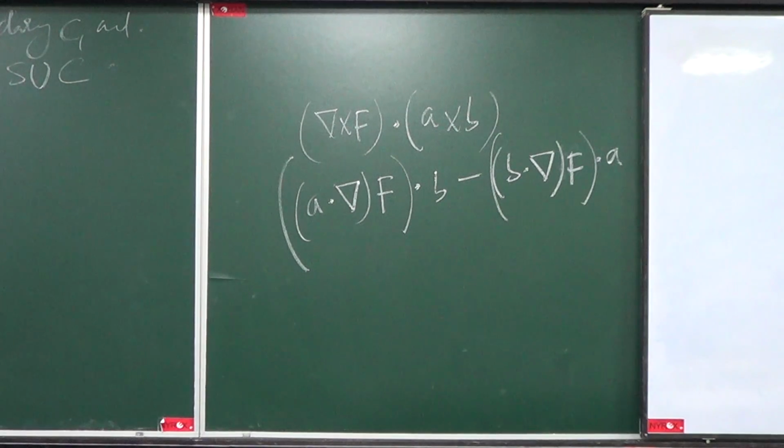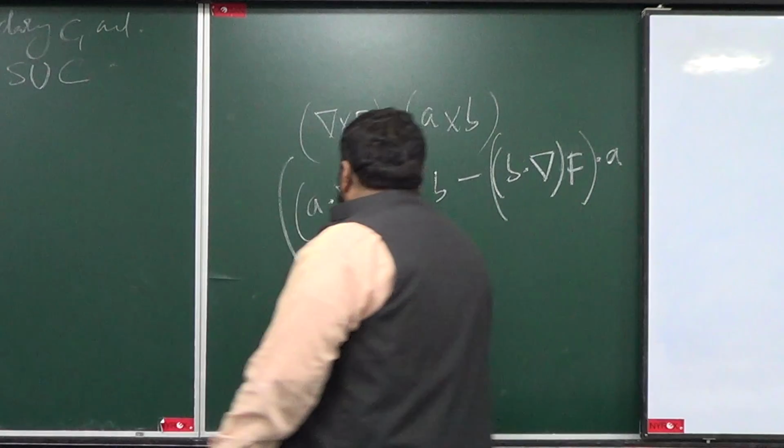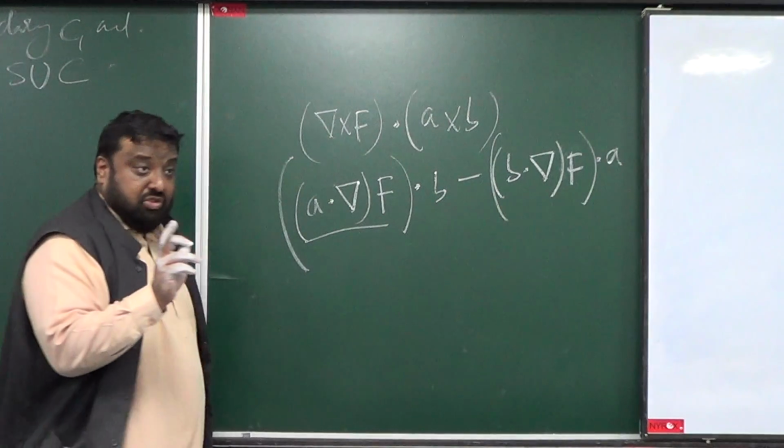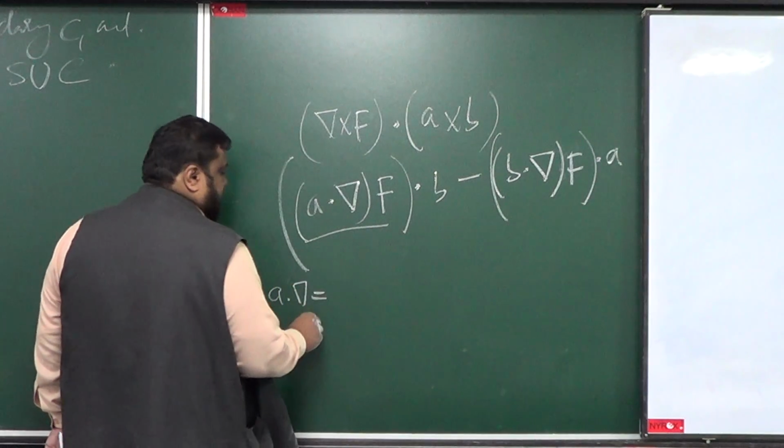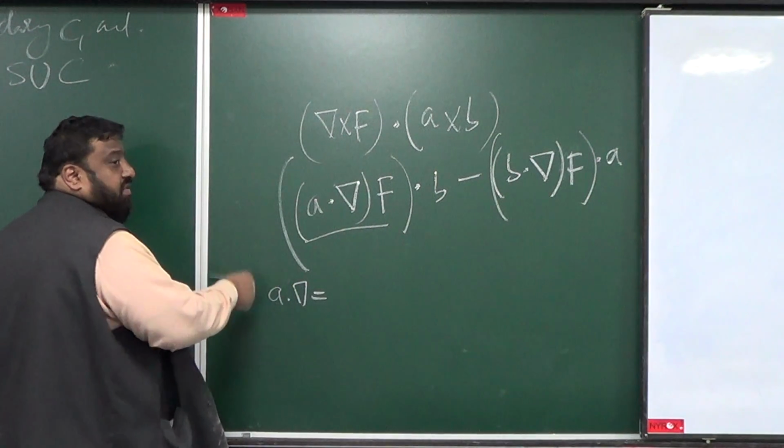You can see the proof from the book. But what is a dot del? Or maybe what is the meaning of this expression? If you like to see it explicitly, it will be like this. a is a vector, so it's going to have components.